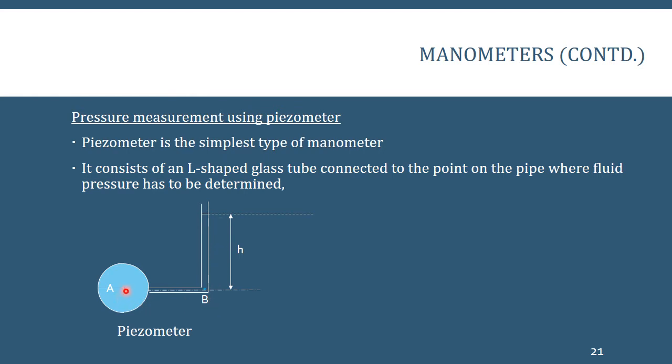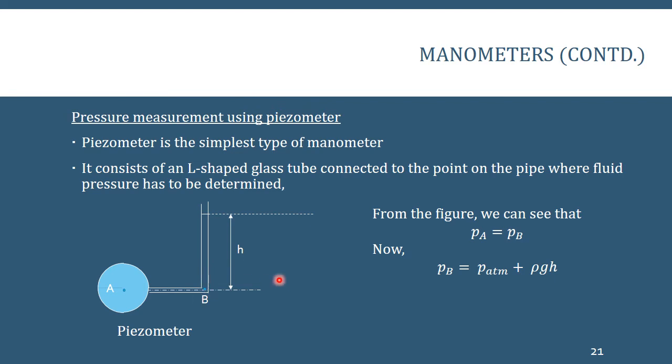Now I know that pressure at A is going to be equal to pressure at B because they lie along the same horizontal line. So from the figure we can see that PA is equal to PB. That is, if I want to find out PA, it is enough that I find out PB. Now I can see from the figure that B is at a depth of h below the free surface of the fluid. And so PB is equal to P atmosphere, this is the free surface of the fluid, P atmosphere plus rho gh.